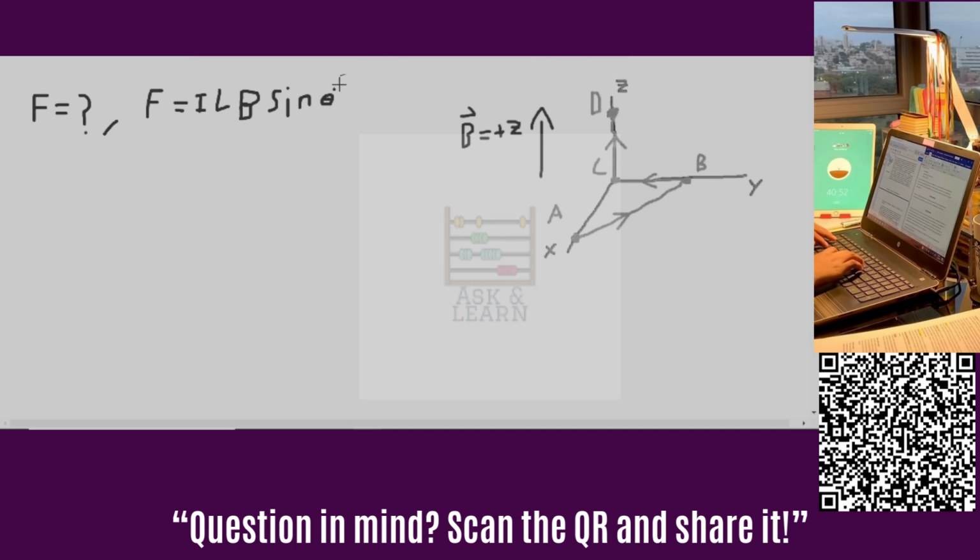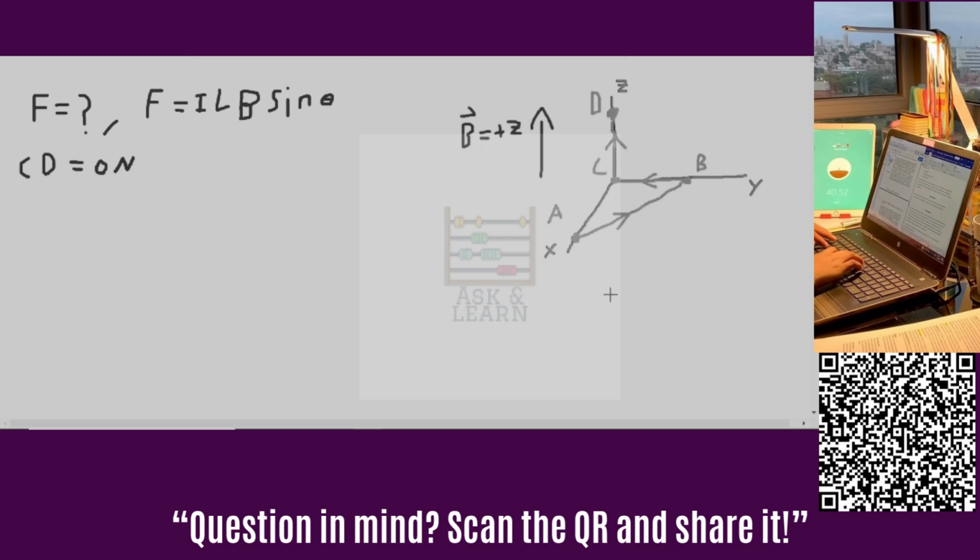So we don't have to worry about that case. We can write it right here just so we don't forget. We have the force on the segment from C to D is equal to 0 newtons. Okay, ruled that out.